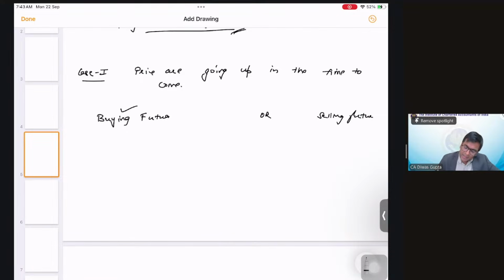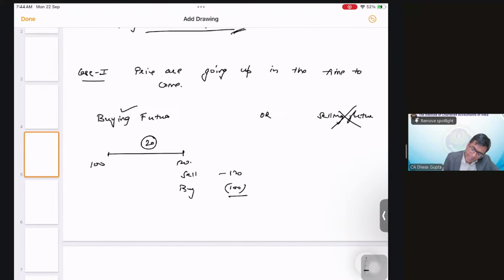We will actually buy the future. We will not sell the future. Because today I will buy at 100 and the price will be 120 later on. I will sell at 120 later on, buy now at 100, and hence there will be a 20 rupees gain that I will make. Clear?